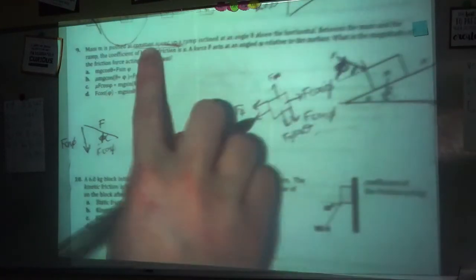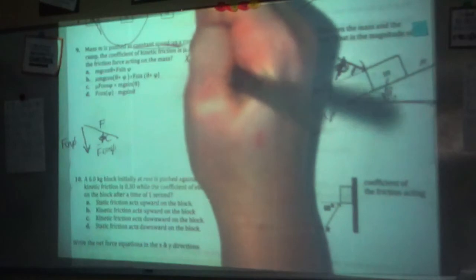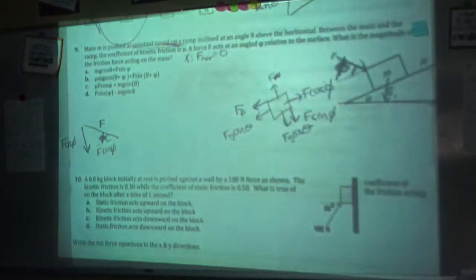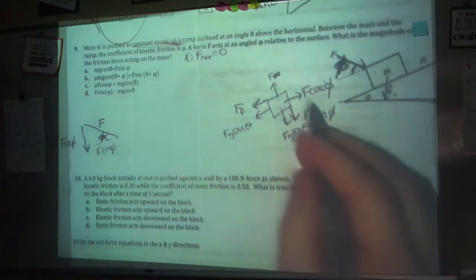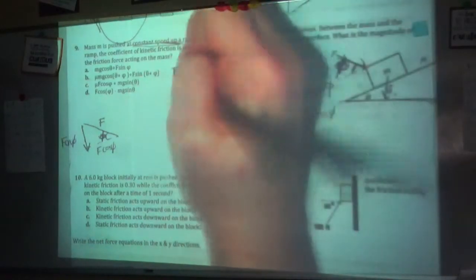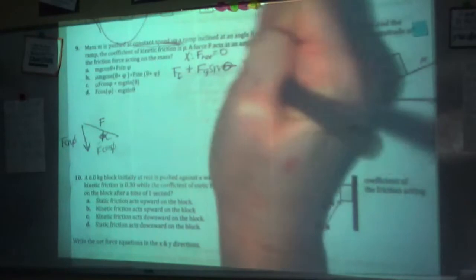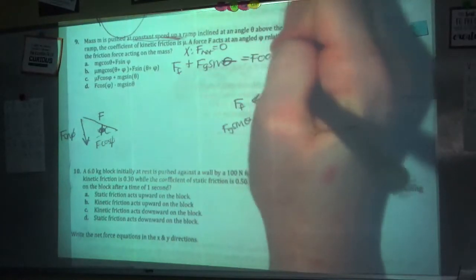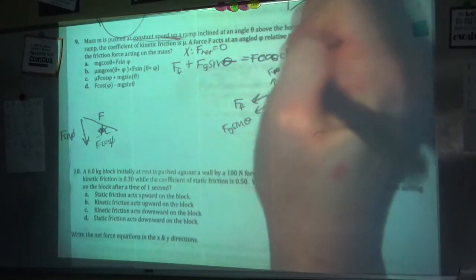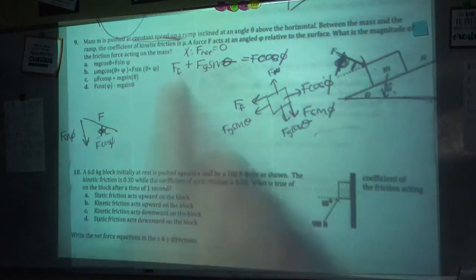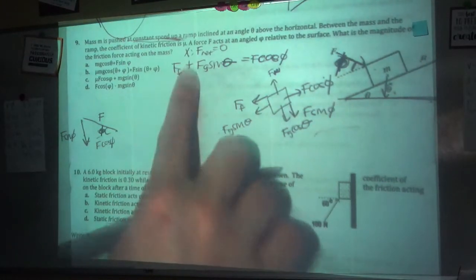So because this is at constant speed, for the x direction, I know my net force is 0 because constant speed is balanced. So that means that the force of friction plus the Fg sine of the angle theta equals F cosine of the angle phi, like this. I'm trying to get FF by itself, so I'm going to subtract this over.